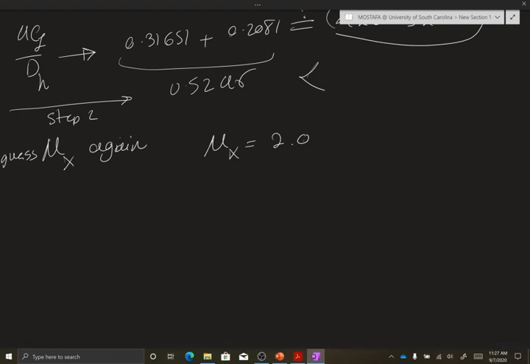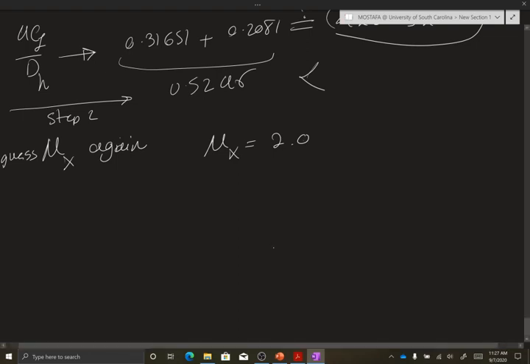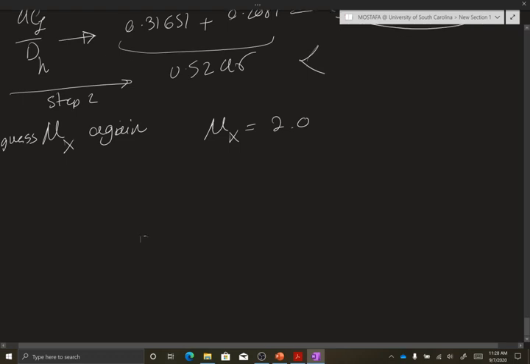For this faster flow, we have to do everything from the beginning. We essentially have to find Lx over D, which is the same case as before. Let me go over it again.